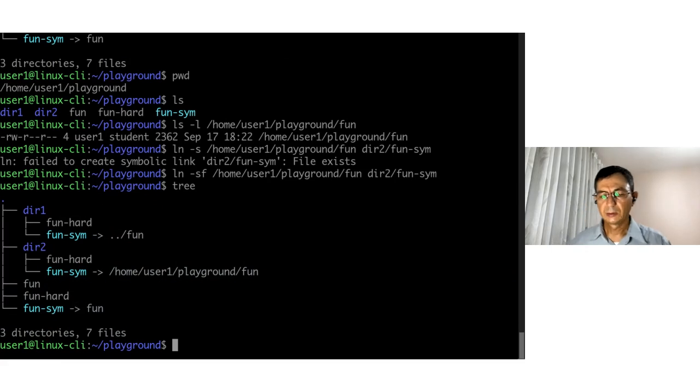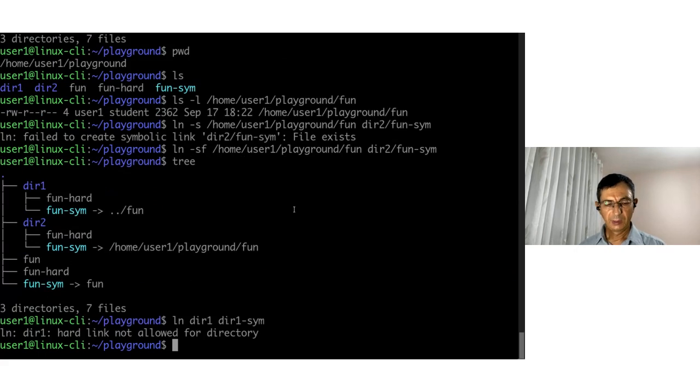I just explained that symbolic links can be used for directories as well. We cannot use hard links for directories. For example, if I try to hard link directory dir1 to dir1c, hard link not allowed for directory.